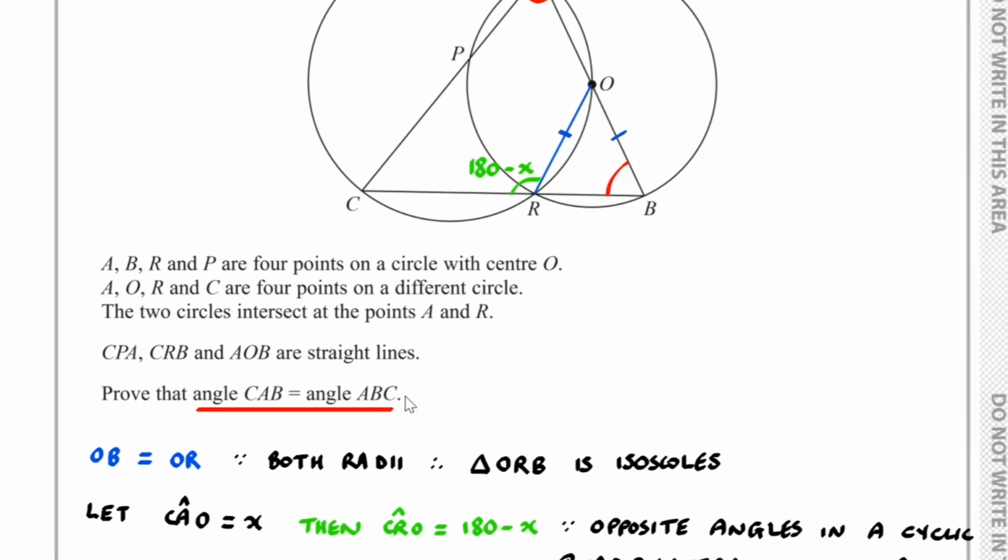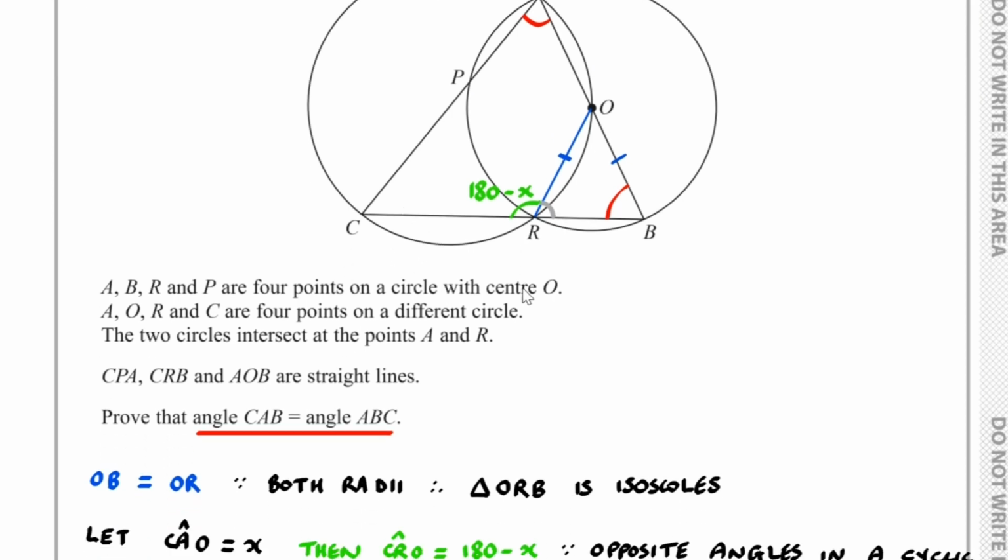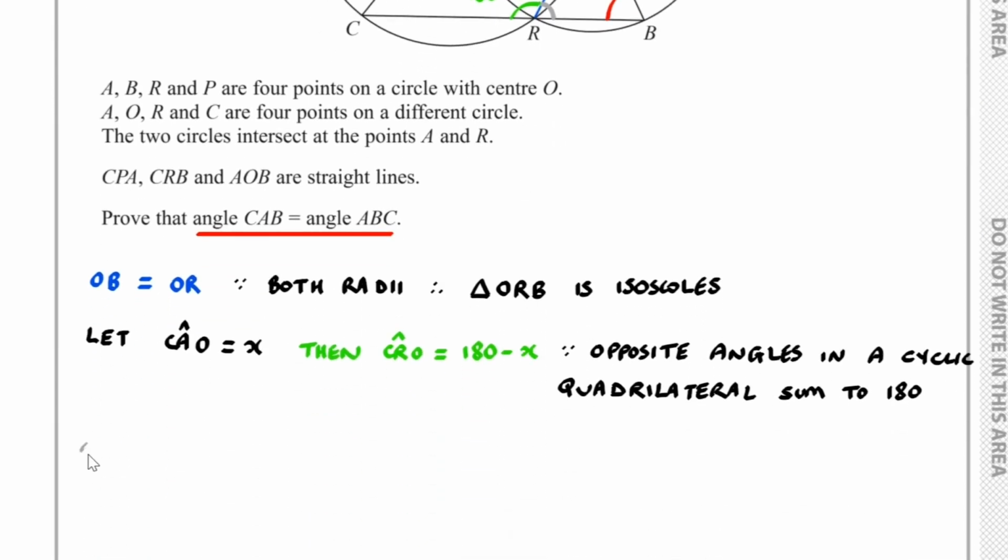And then we can find the angle ORB, which is this angle here. So the angle ORB will equal 180 subtract the angle CRO, which is 180 minus x.